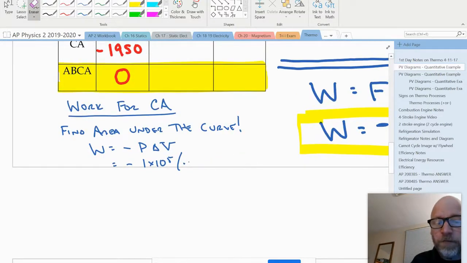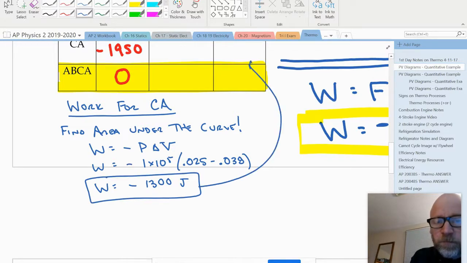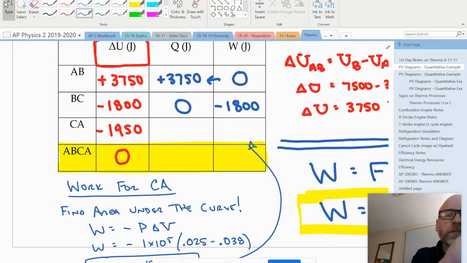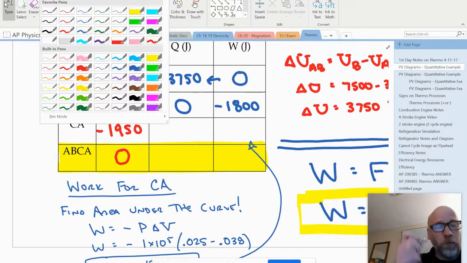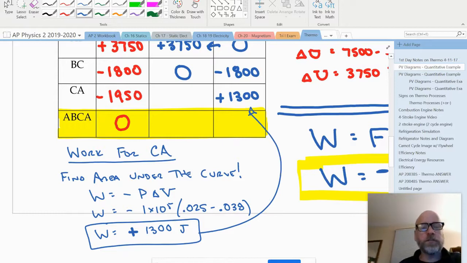Final volume minus the initial volume, negative 1,300 joules. Oh, negative? Is that negative? No, what happens to the two negative signs? That's right, they cross out. And I get positive 1,300 joules.